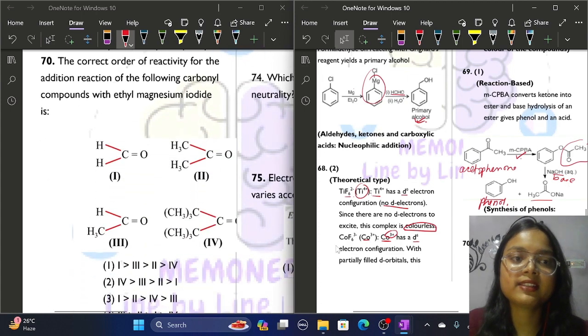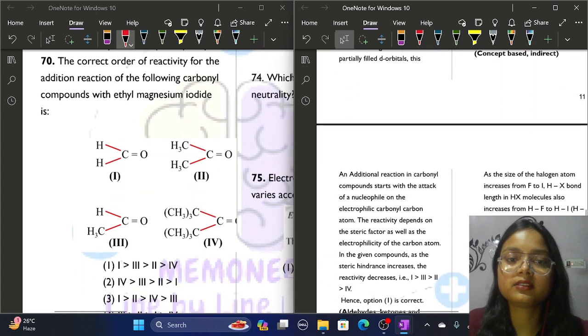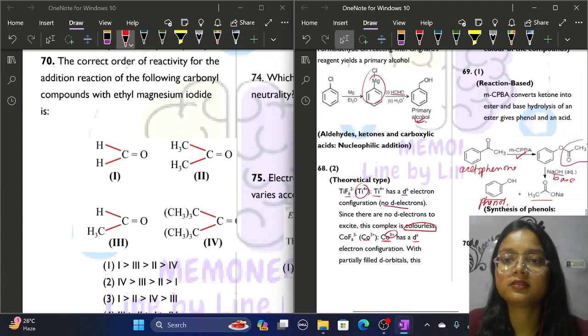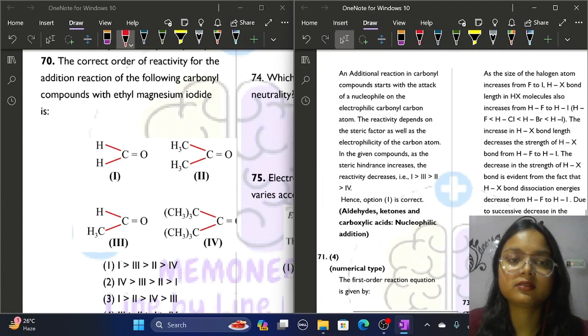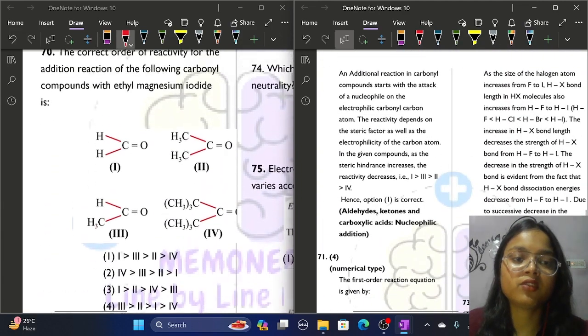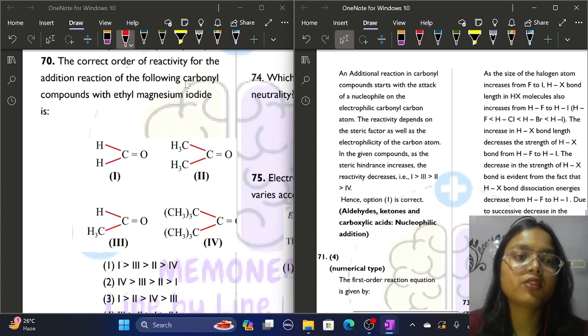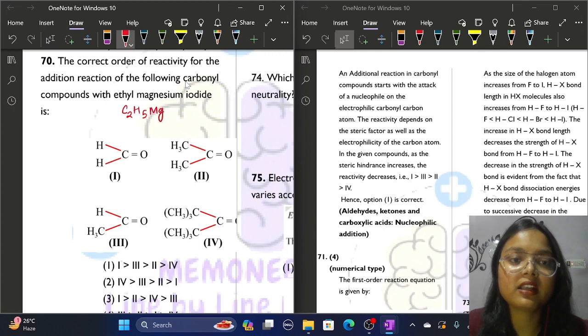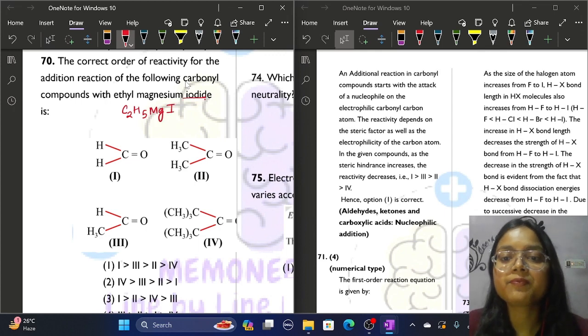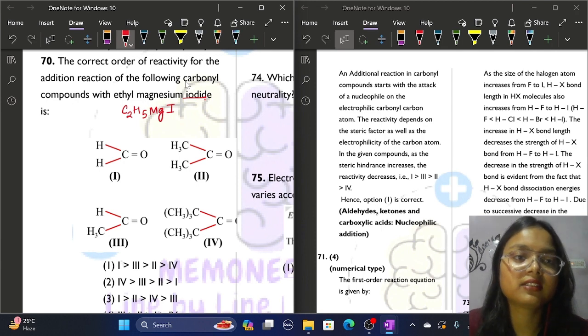For question number 70, the correct order of reactivity for the addition reaction of the following carbonyl compounds with ethyl magnesium bromide, C2H5MgBr, is asked.